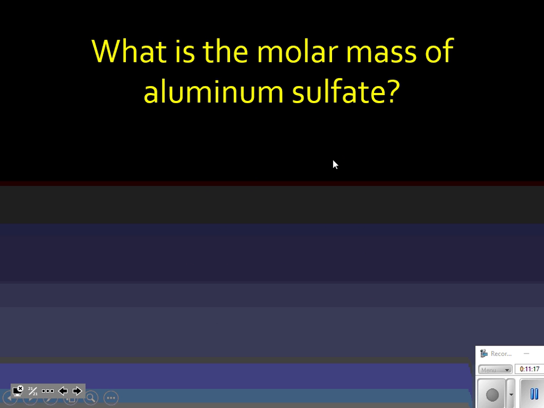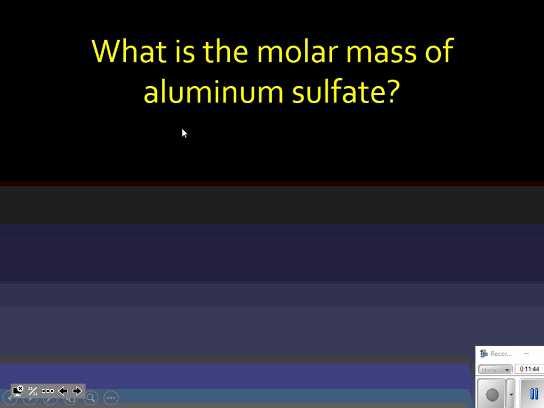Finally, we got our old buddy here, aluminum sulfate. Now, I threw this guy on here because, gosh darn it, we got parentheses here. We've got parentheses because aluminum's a 3+, sulfate's a 2-. So I'm going to have my formula unit, it's not a molecular formula, okay?